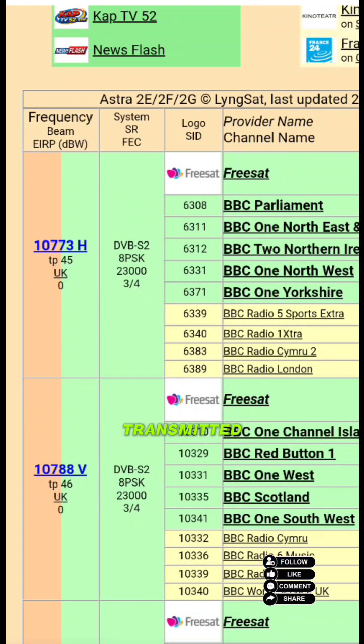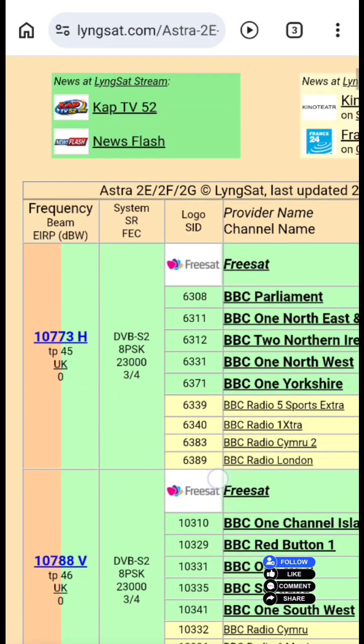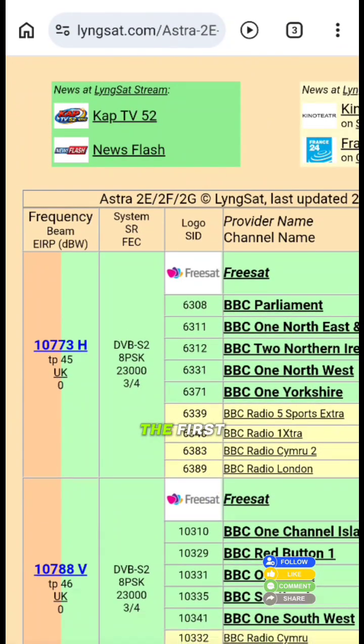It is measured in KSPS, that is kilo symbols per second. So from the first signal we are getting on this page now, we are seeing 23,000. The higher the number, the more speed it has. The higher the symbol rate, the more data and channels it can generally carry.